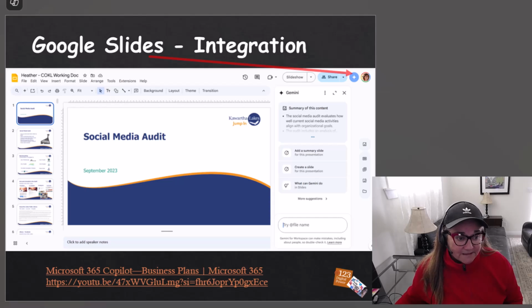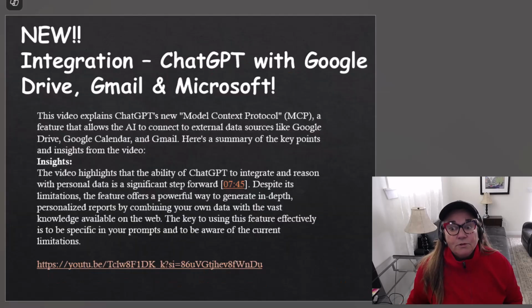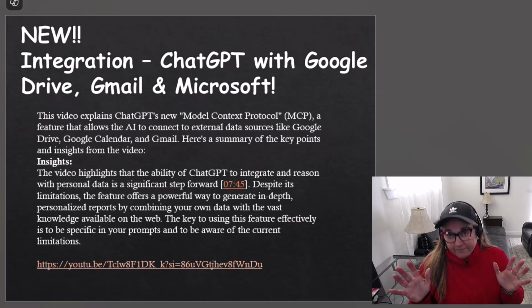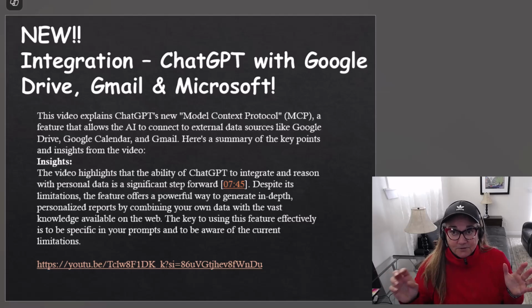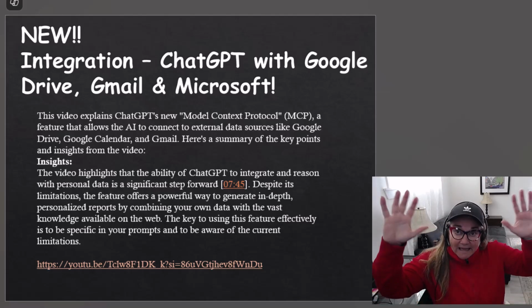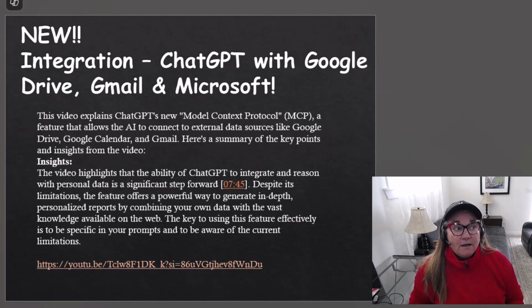Okay, so what's next? This is really cool. I really like this. Right now, you cannot go into your Google Drive, which is where you store all your Google documents or your Google Slides or your Excels. That's your cloud-based storage.